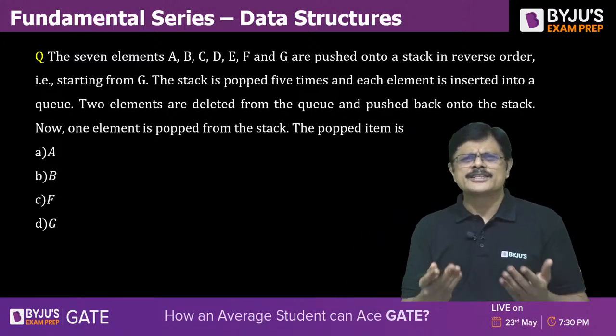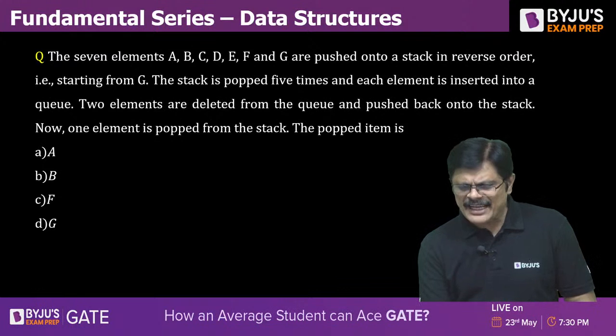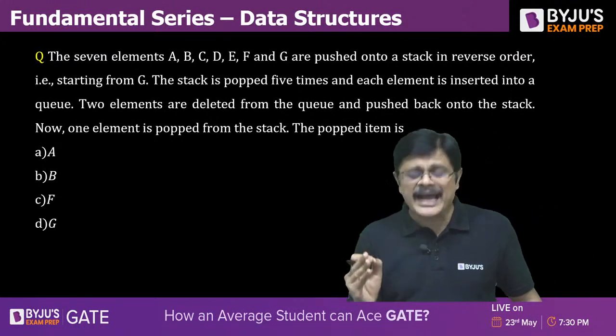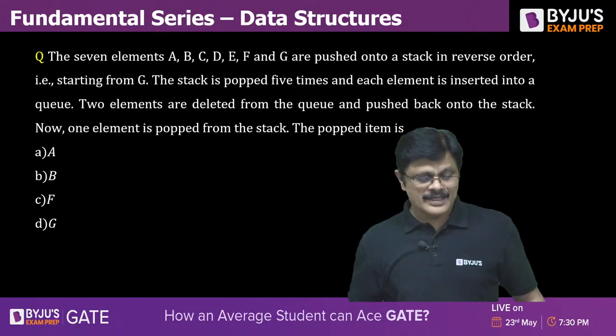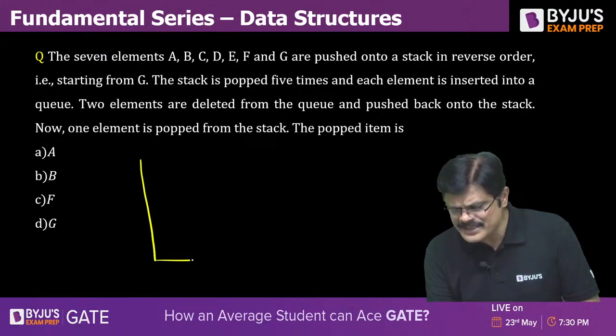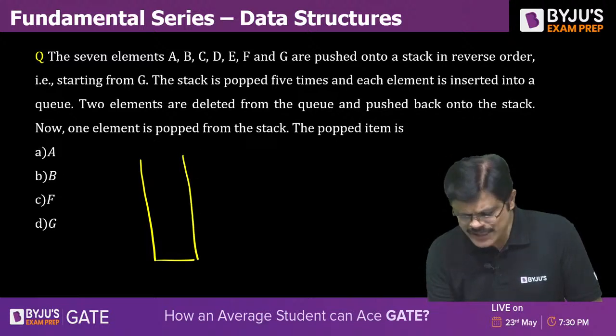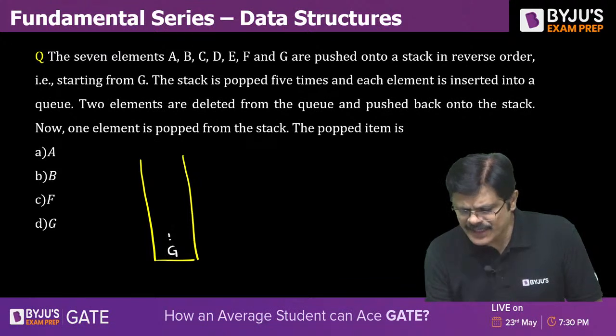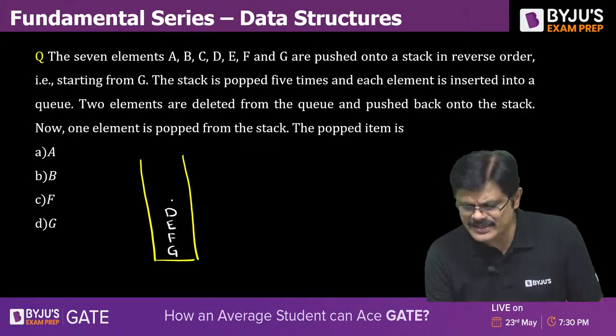It's a general simple problem. 7 elements A, B, C, D, E, F and G are pushed onto a stack in reverse order, starting from G. So we have started from G, then F, then E, then D, then C, then B and then A.